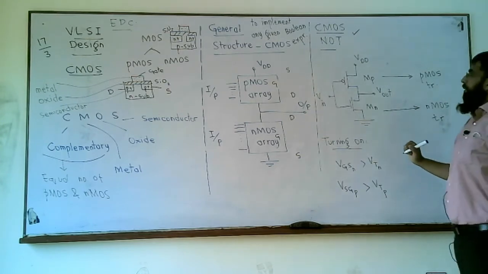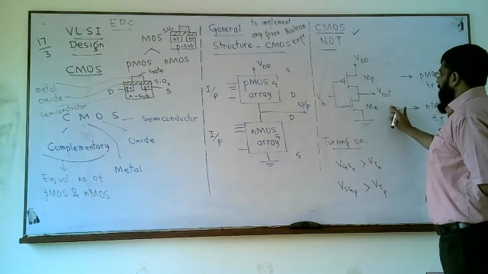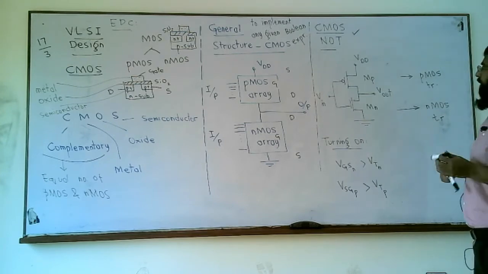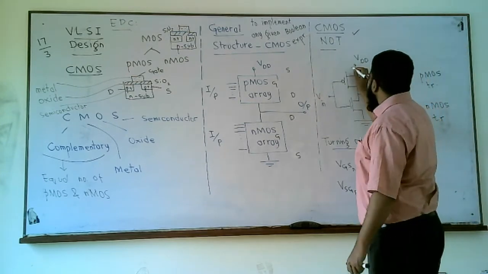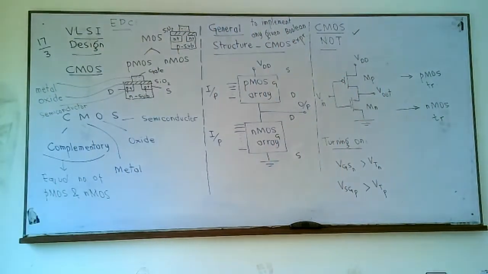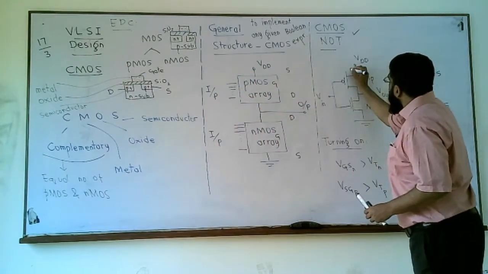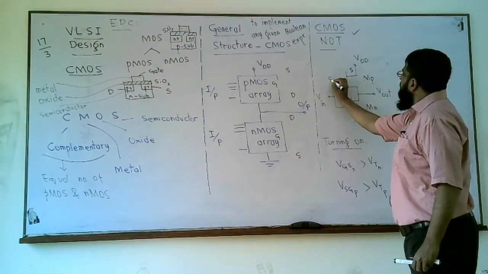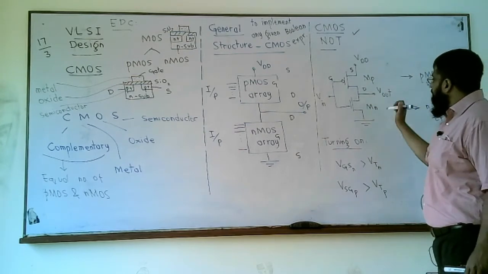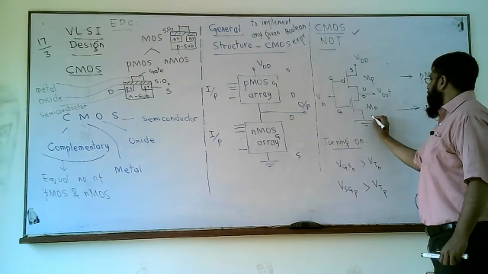So a CMOS NOT can be implemented with the help of one pMOS and one nMOS, connected in such a way that the source terminal is connected to VDD. The gate is connected here. The drain is here. And for this nMOS transistor, we have drain connected here, gate here, and source is connected to ground.